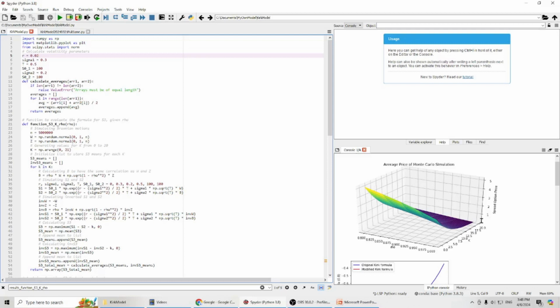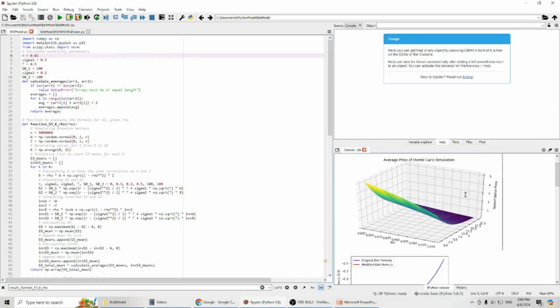You can see the spread option price will be larger when the strike price is lower and the correlation is lower. So the surface will look like this.